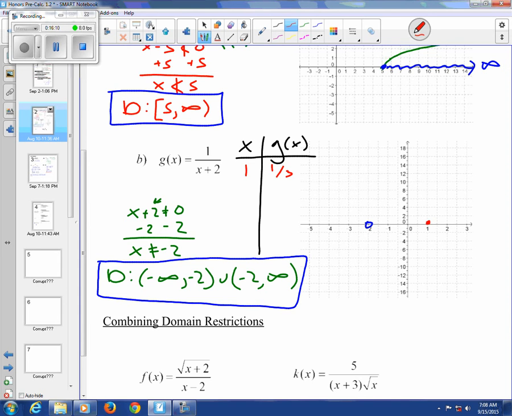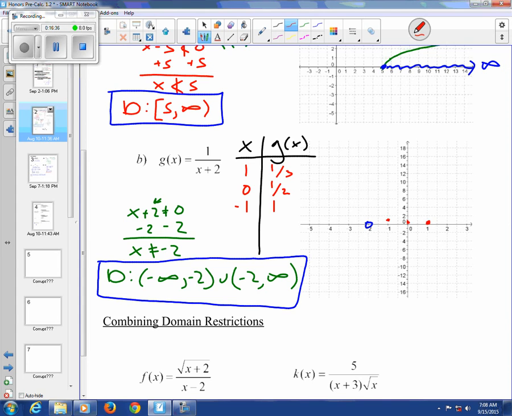As we get a little bit closer, let's plug in 0, we get 1/2. So an output that's a little bit more. And right here, as we get even closer to that x value of -2, let's say we go to -1. Now right here, when we plug in -1, we're going to get 1 in the denominator, which is going to give us 1/1, or an output of 1.